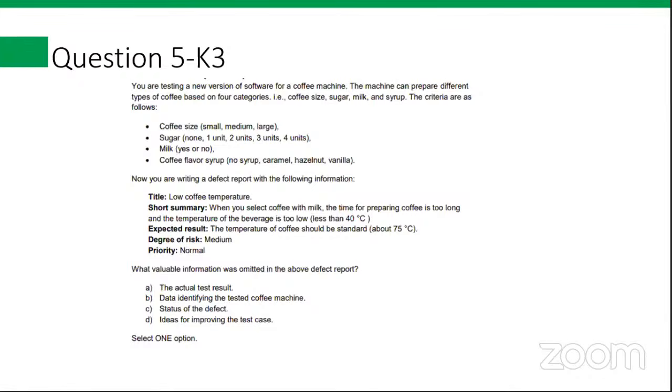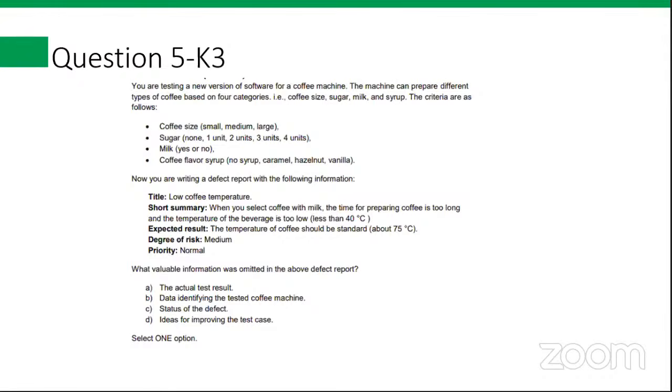So the key word in this question is in the very first line of the question. If you are familiar with versions in your testing career, you should know that you will have the first release, where you will have the first version of the website or the application you are testing. Then in the next release, you will have the next version. So the question itself says you are testing a new version of software for a coffee machine, which means a new version is being tested here.